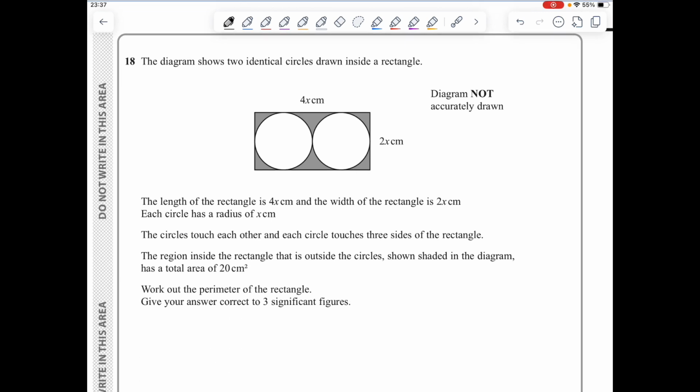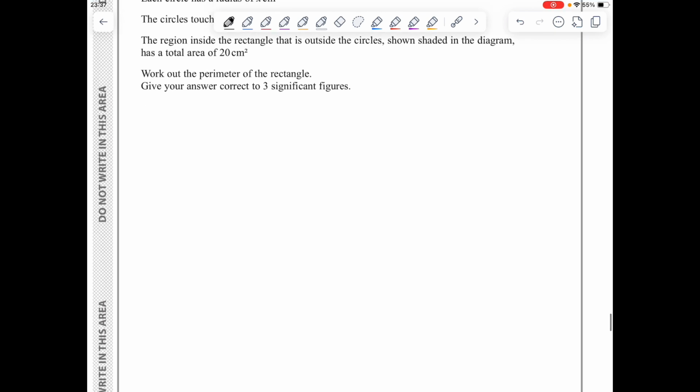For question 18, I'll need to create an equation. I know that the shaded area is equal to 20. So it's the area of the rectangle, which is 4x times 2x, minus the two circles, so pi r squared twice. But instead of r, I have an x, so 2 pi x squared is equal to 20.